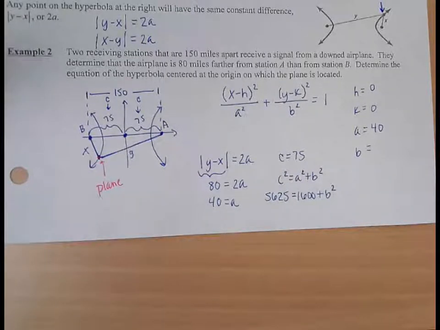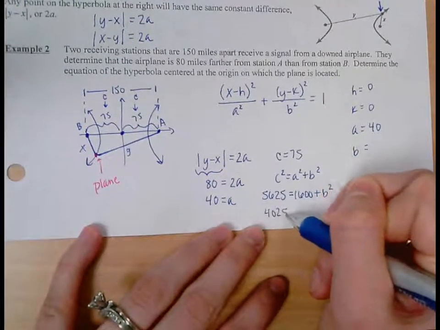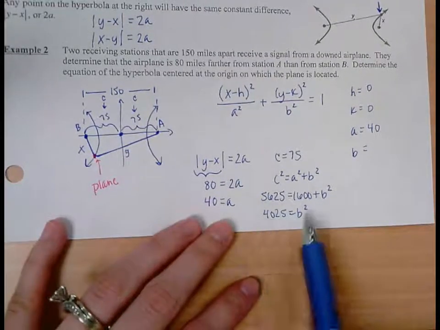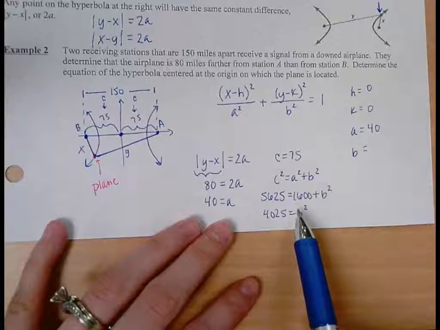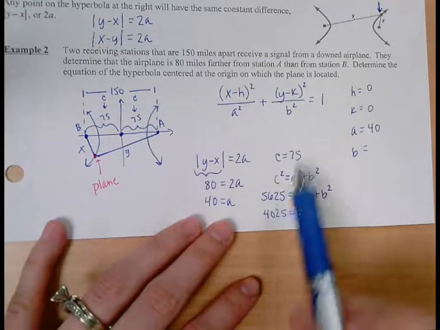So we need 5,625 minus 1,600. So 4,025 is b squared. And actually, we don't have to go farther than this to find b, because b squared is what's in our formula. We can just substitute that in.